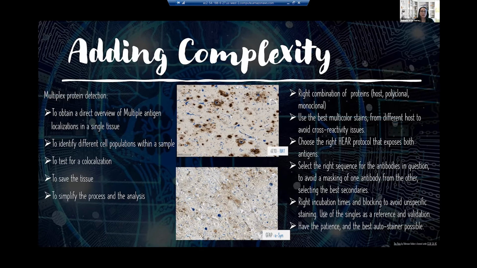If you use, for example, enzymatic reactions, the type of the colors that you use for your enzymatic reactions to avoid the cross-reactivity issues, the antigen retrieval protocols that expose both antigens, the right sequence of antibodies to avoid masking of one antibody over the other one, the right incubation times, the auto-stainer, to simplify everything in your image analysis.